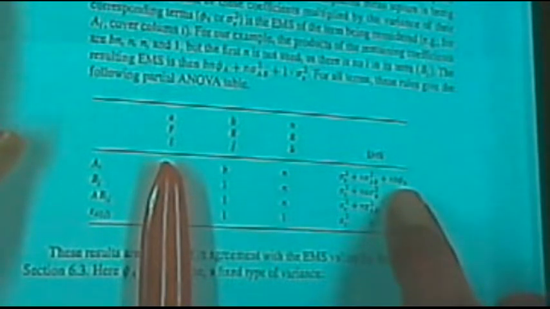So anyway, I think the way this goes is I have to cover column I. I'm looking at row AI, and multiply the other two numbers together, b times n, and that comes over here as the coefficient of the term.